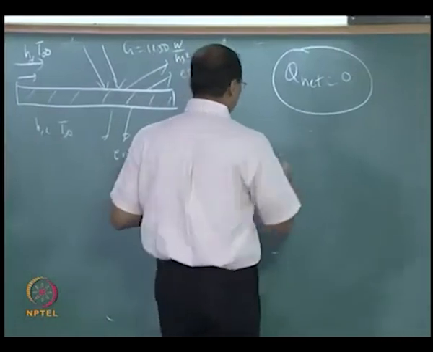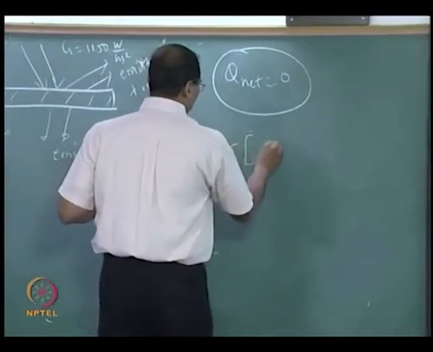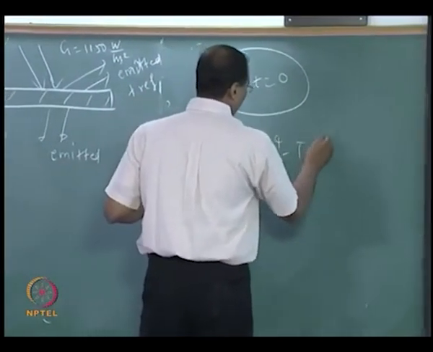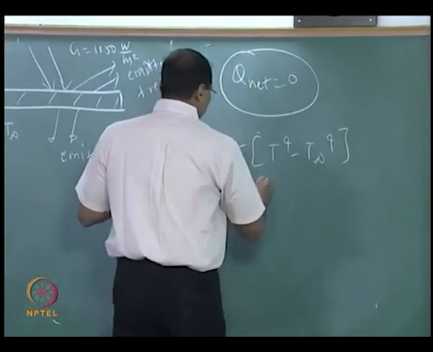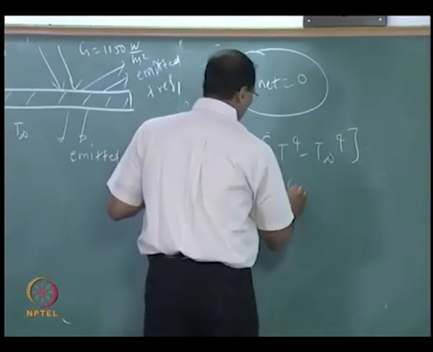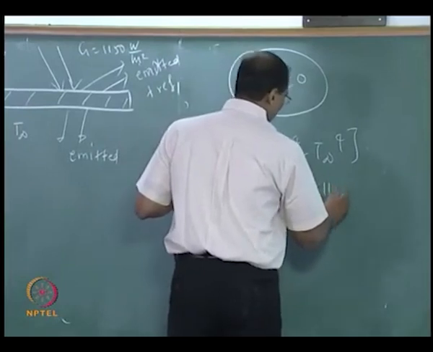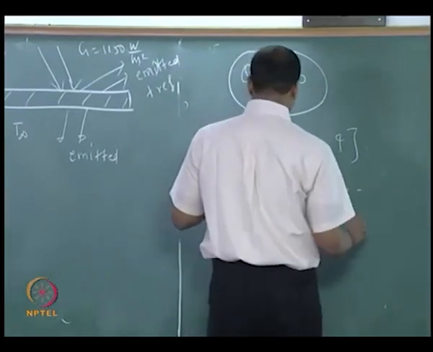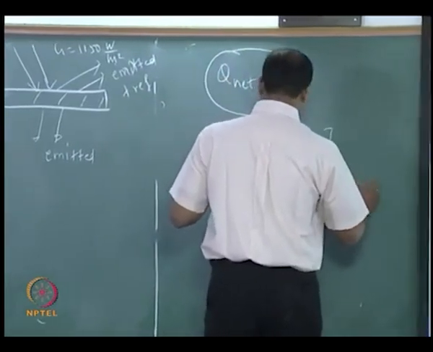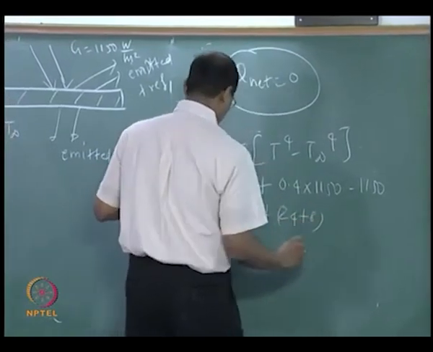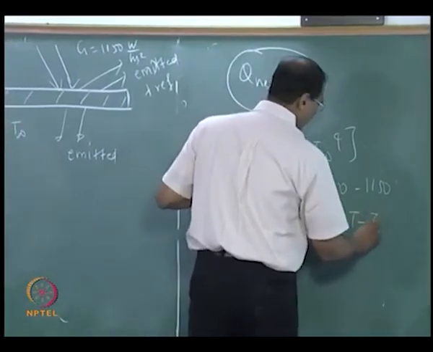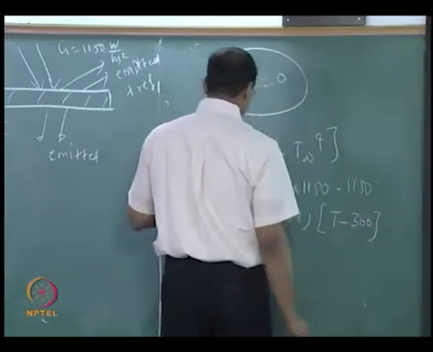So basically 2 epsilon sigma plus... did I give 300 or 303?